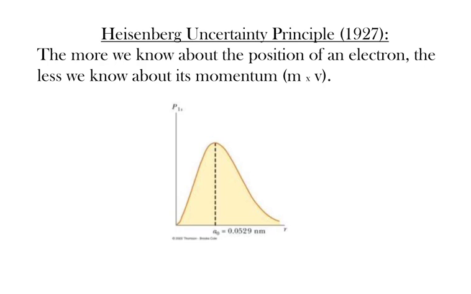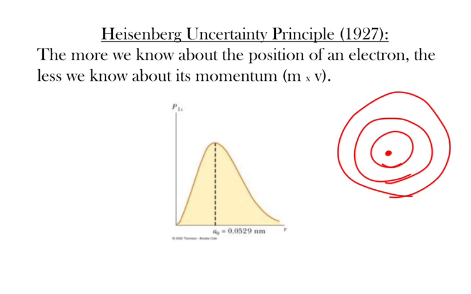About 15 years after Niels Bohr proposed the model of the atom that had the energy levels, a guy named Werner Heisenberg, among a few other people, came up with this idea that instead of thinking about electrons as being little particles that are orbiting around the nucleus, like planets going around the sun, which is kind of what I'm drawing here, if I have a little electron, it doesn't just go around the nucleus the way that the Earth goes around the sun.